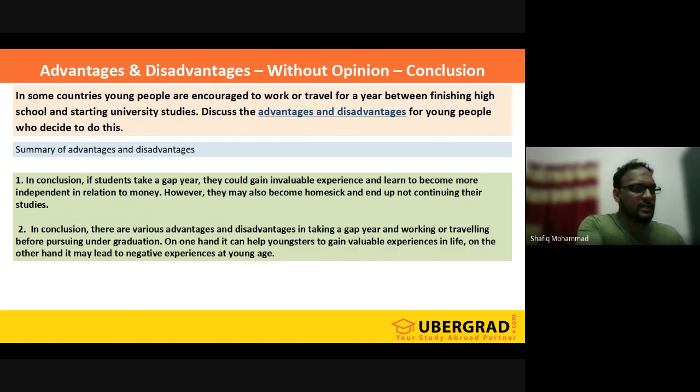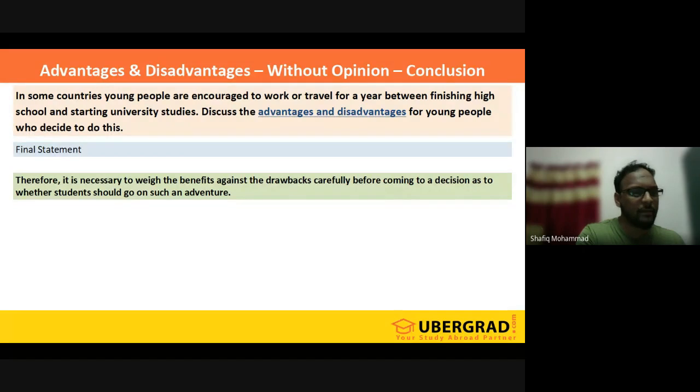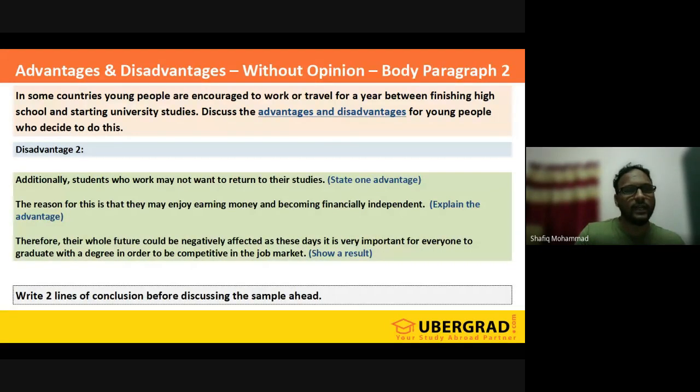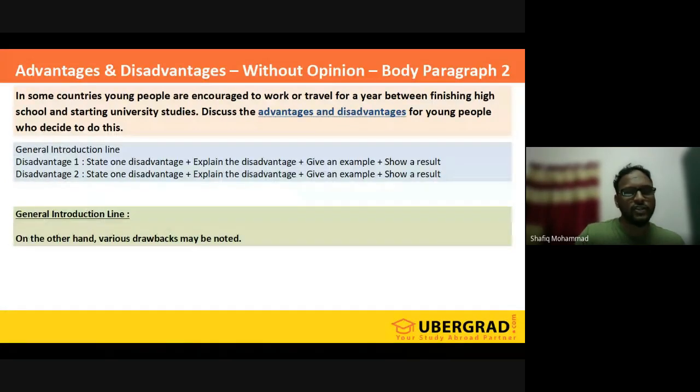Let's see, I think there are many chats here. Firstly, secondly, yes, you can say that. Firstly, to begin with, if you want to write about advantages, you can say this essay is going to discuss advantages, which are... You can state the advantage, then give your explanation, give an example and then show the result.